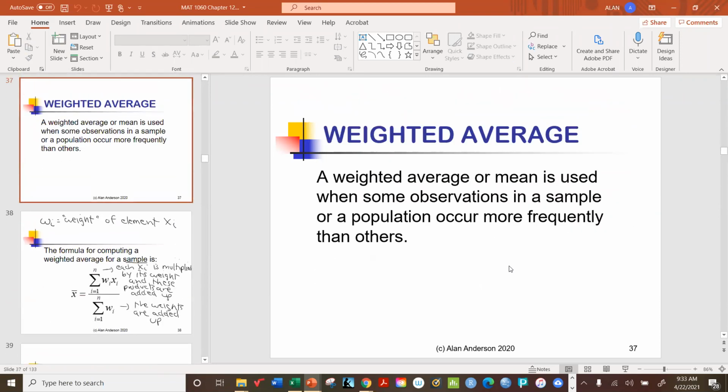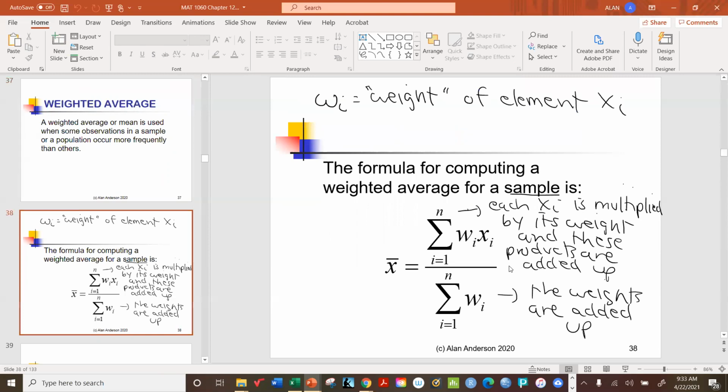Oh, before we did that, I almost forgot. We also introduced the weighted average, which is a variation of the mean that we saw earlier. The difference here is that the elements each have a weight, which represents how often it appears in the sample.